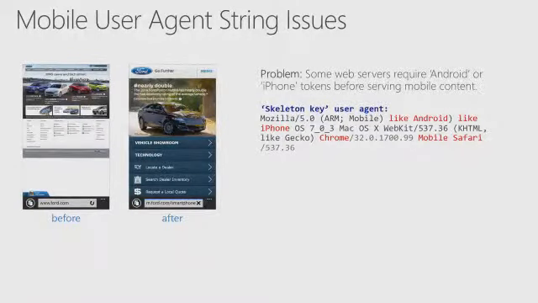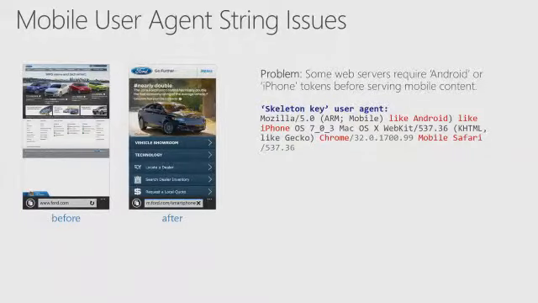The problem for us is that IE was a mobile version of IE running on Windows Phone, and we got the desktop version, not the mobile version. So to change that, we just introduced a specific way, we found a skeleton key in the UI, in fact.